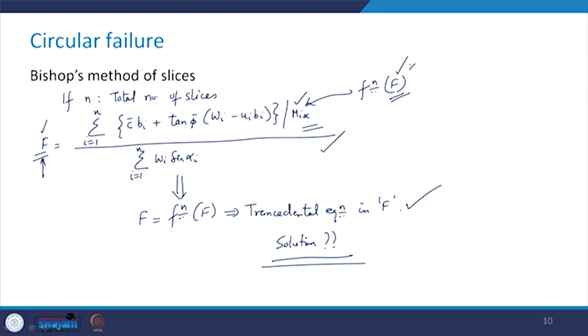If these two values do not match each other, then you have to change the value of the assumed factor of safety and carry out the whole analysis all over again to get the new value. In this manner, by trial and error, you will be able to get the factor of safety for the slope having the circular failure mode.